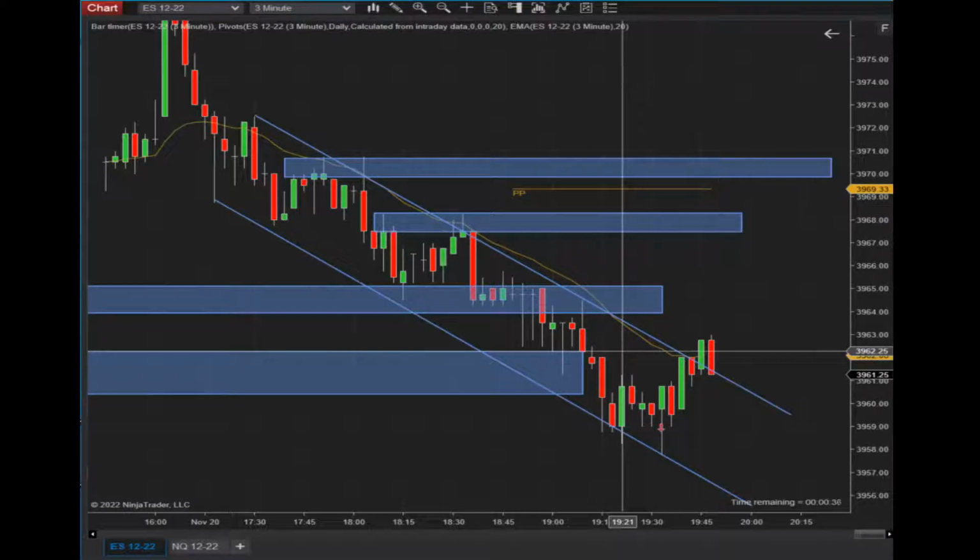All right, so this candle is still coming down, still coming down, still coming down. Could be a big one. 20 seconds left, still pushing down.